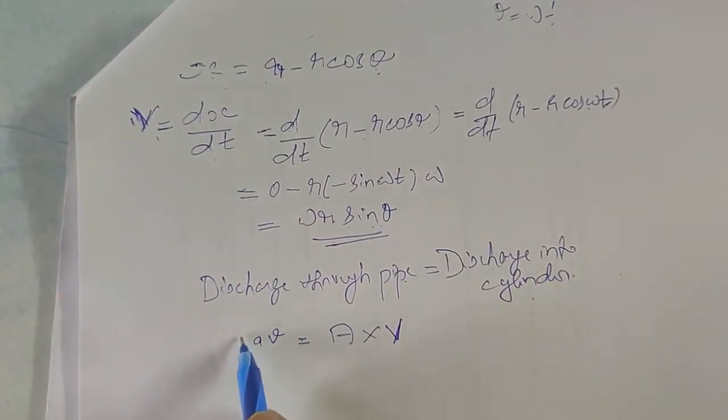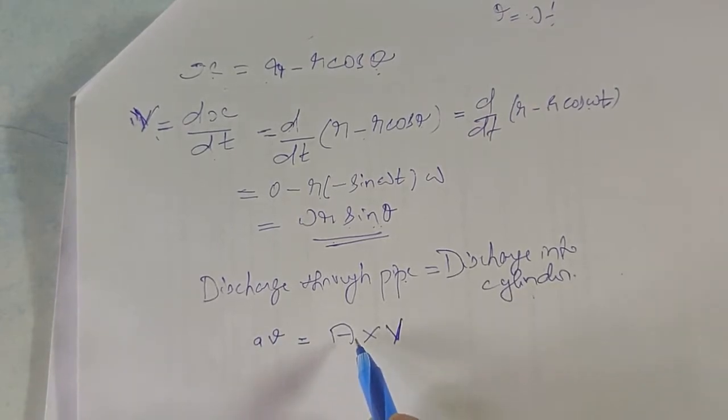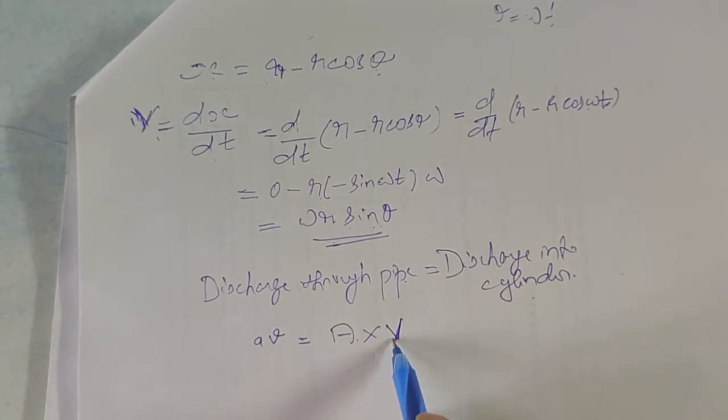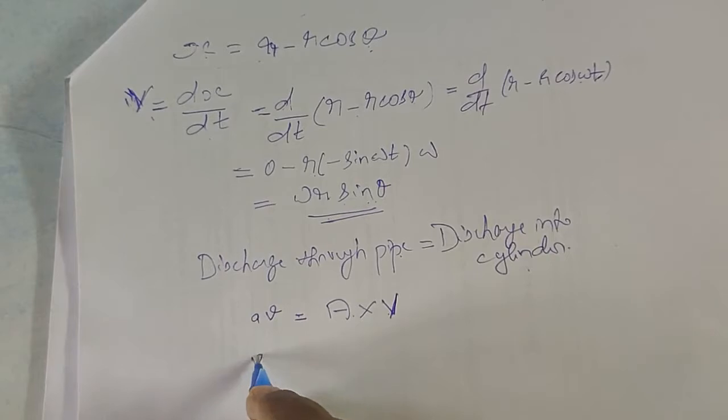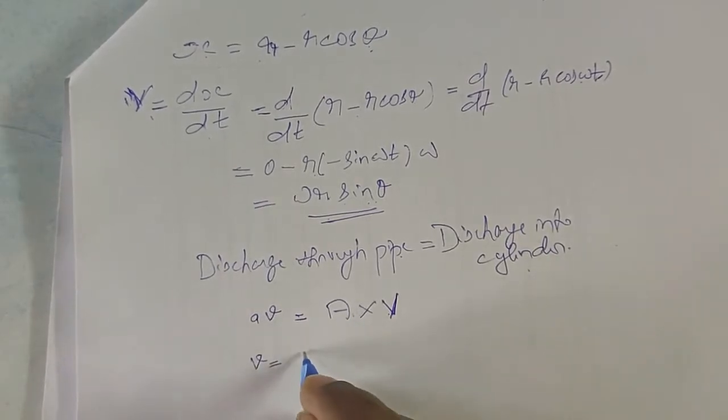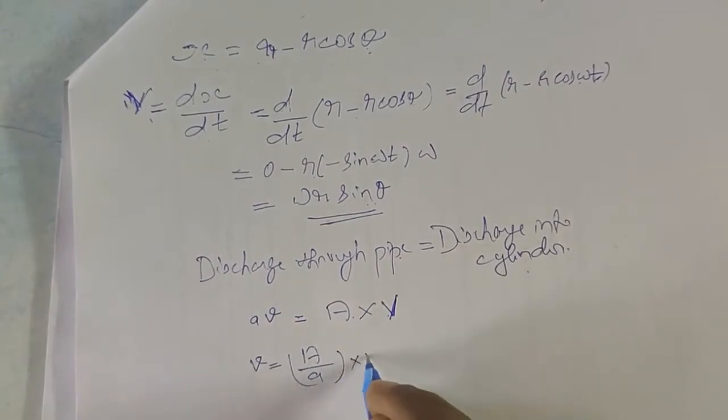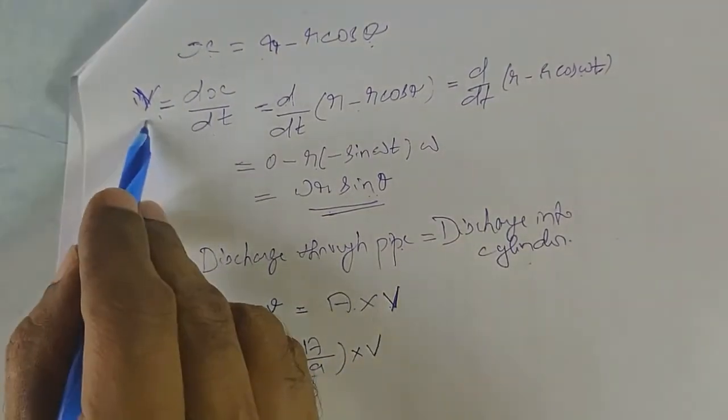So discharge through the pipe is area of the pipe into velocity in the pipe. It can be suction pipe, it can be delivery pipe. So it will be equal to area of cross section of the cylinder into velocity of the piston. So on applying, what will be the velocity in the pipe? Velocity in the pipe, small v, will be equal to A by a into V, where V is here.